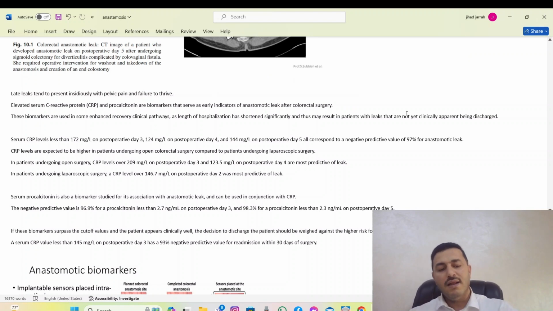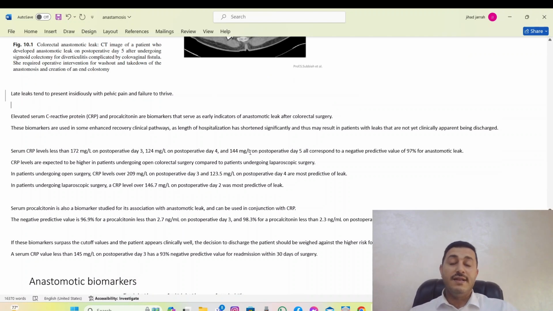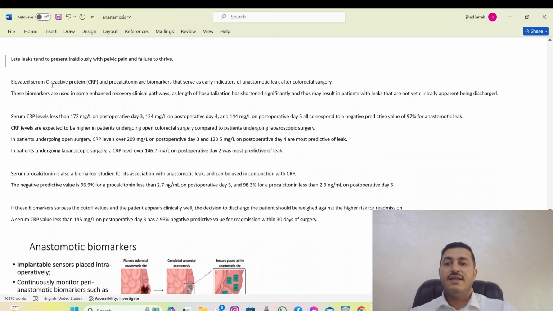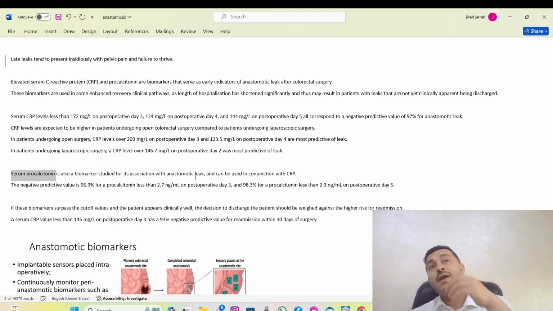Okay, what can help us in the diagnosis of lower GI leak? They said that C-reactive protein and procalcitonin help us, and their significance is that they have a high negative predictive value.